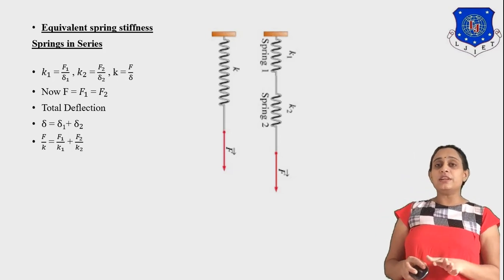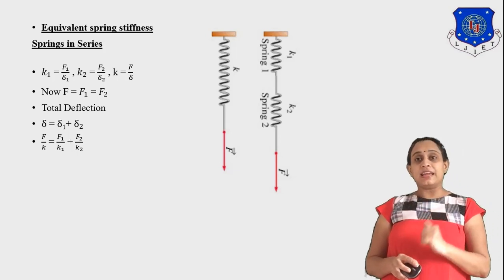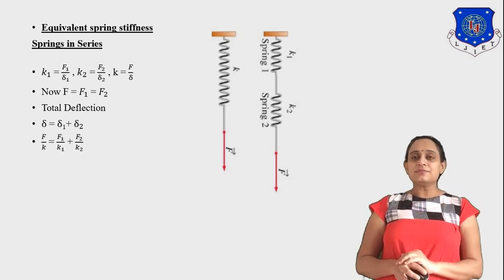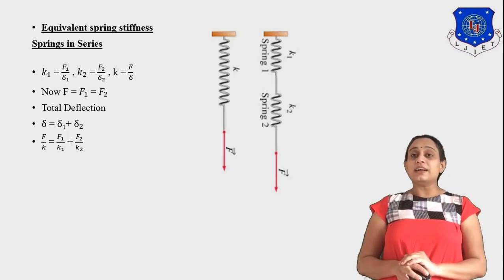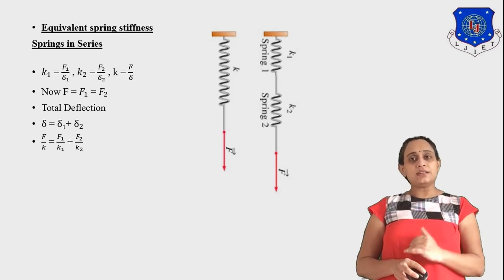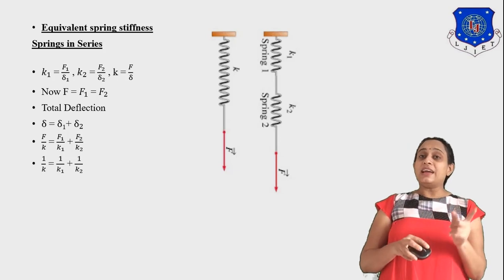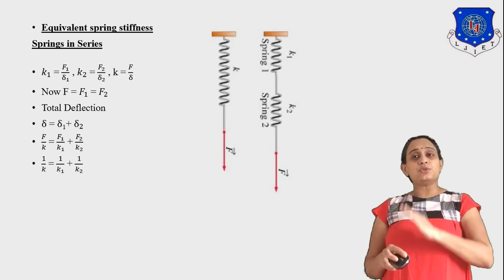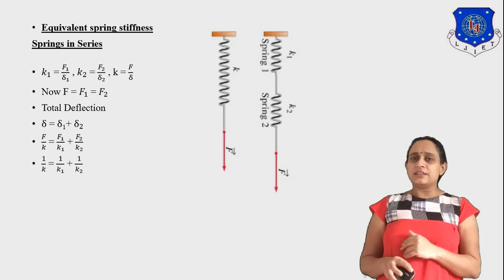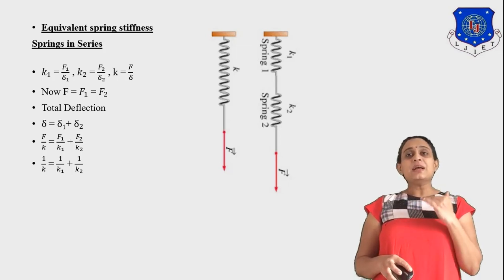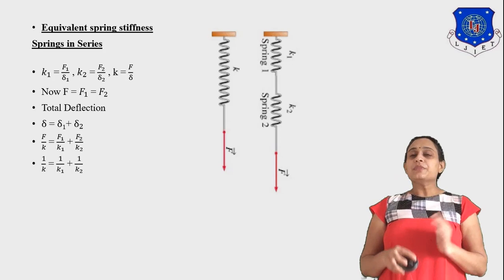What is the value of delta? It is F by K. What is the value of delta 1? It is F1 by K1. What is the value of delta 2? It is F2 by K2. Now here F is equal to F1 is equal to F2, hence it is cancelled. So what can we write? 1 by K is equal to 1 by K1 plus 1 by K2, and so on.